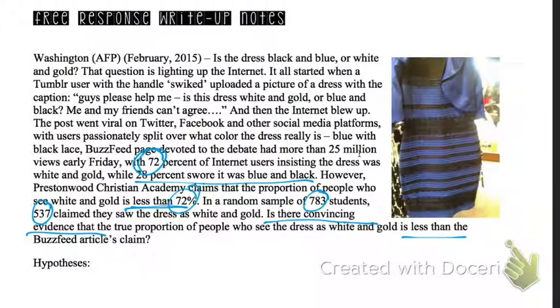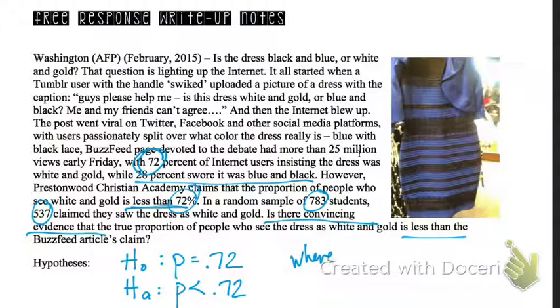Yes. So, first step when I'm doing a write-up is I want to write my hypotheses. I'm going to put the null hypothesis and the alternative. The claim is what? P equals 0.72. Good. I'm trying to prove that wrong. So my alternative is what? Less than 0.72. What's the next thing I need to do? Define.